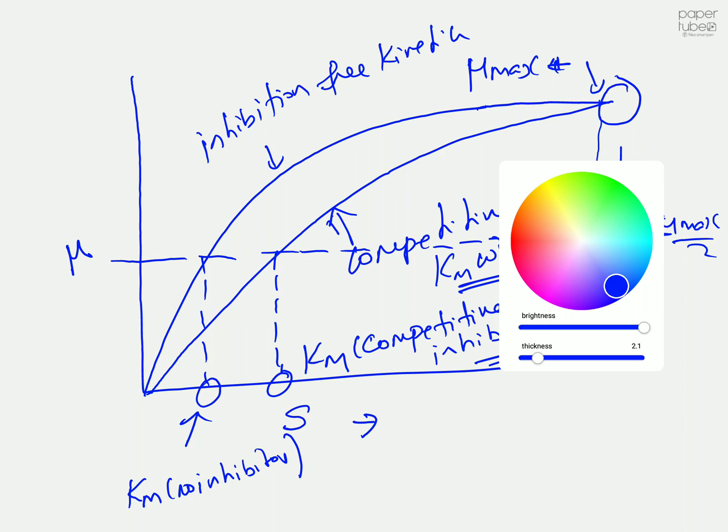And when you have an uncompetitive inhibitor, your mu max is going to change, and your Km value is also going to change. Your mu max will decrease, and remember your Km value, your association constant, will decrease, not increase. So when you have a competitive inhibitor, your Km value will increase. When you have an uncompetitive inhibitor, your Km value will decrease. So that's how it works.